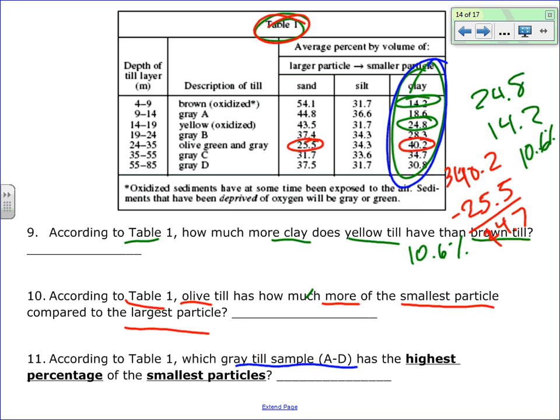We'll look at clay again. Here's A's, here's B's, here's C's, here's D's. Highest percentage, smallest particle is 34, which is C, because 34 is higher than 30.8. It's also higher than 28.3, and it's higher than 18.6. All right, which means that gray till C is the winner.